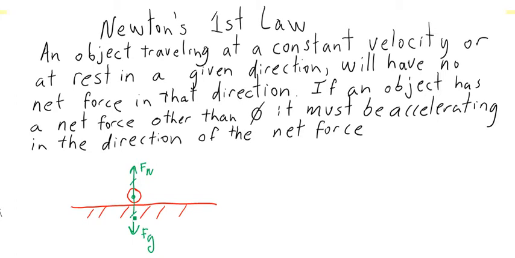And those forces are equal and opposite to each other. Therefore, force normal plus force gravity equals 0. Thus, no net force, or force net, equals 0. So the ball is not accelerating up or down.